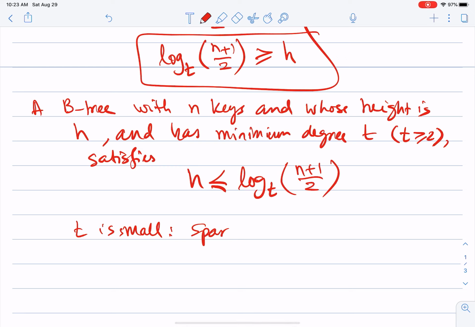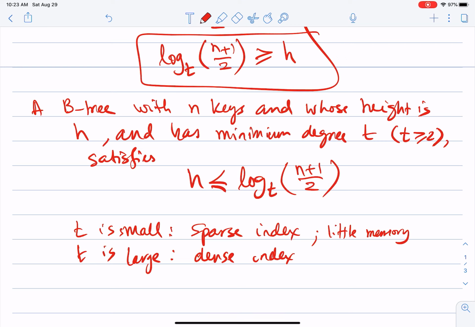Again, remember that the index is the tree structure itself. So we're talking about a sparse index here, and it requires little amount of memory. Okay, but if t is large, then we have a dense index, and this could require more memory here.